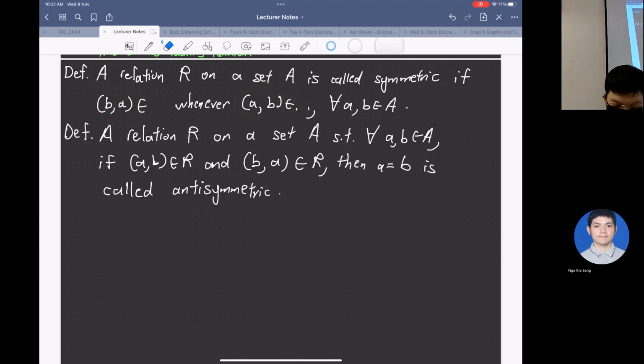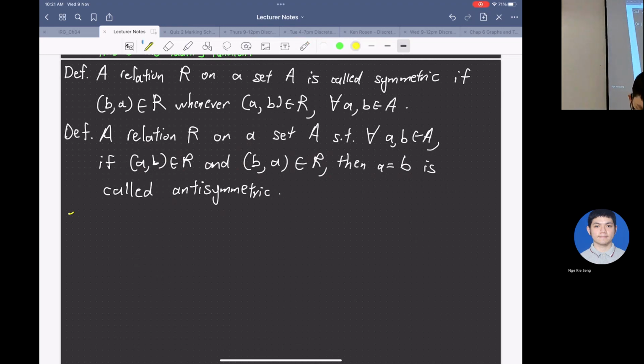Right? Then remember. And then for anti-symmetric, if AB is in the relation and BA is in the relation, then A will equal to B.